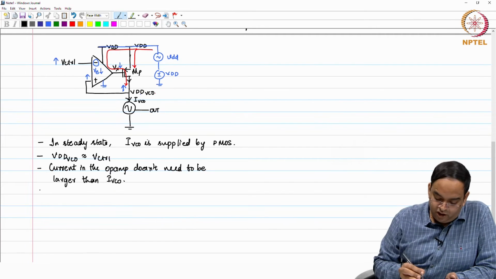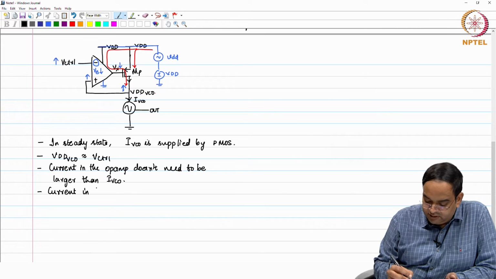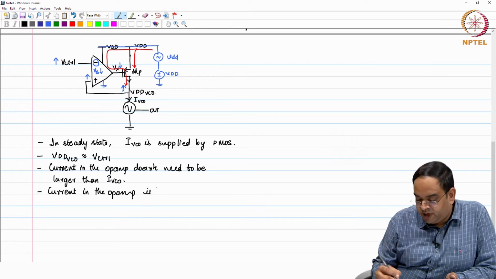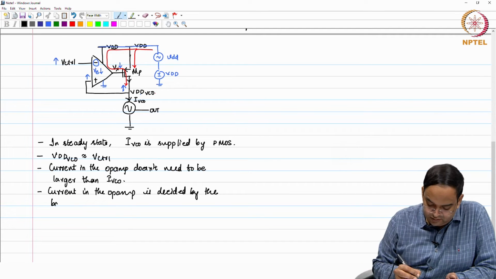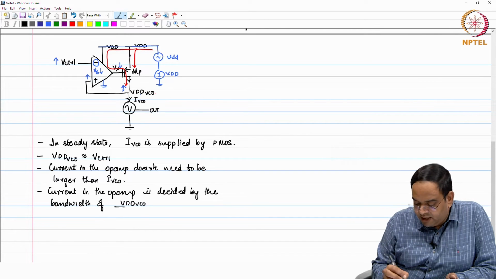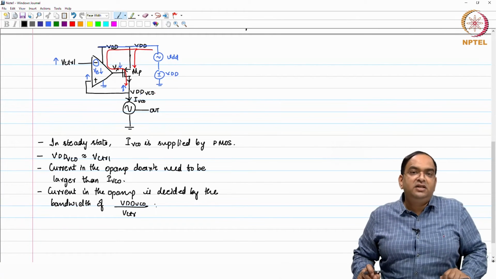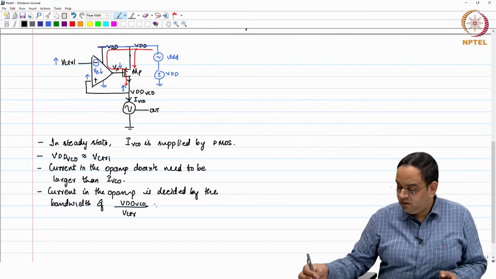The current consumption in this op-amp is decided by the bandwidth of VDD VCO by V control, because this bandwidth has to be larger than the PLL bandwidth, because this whole block is going to come in the PLL.